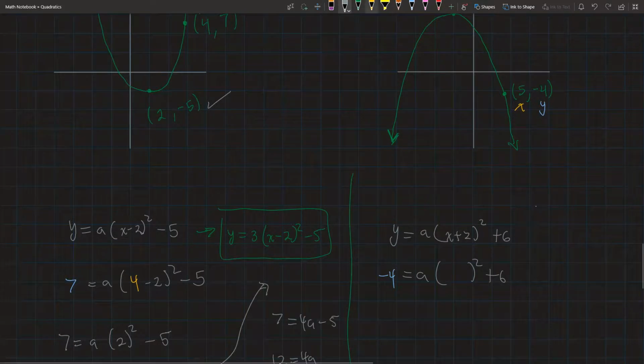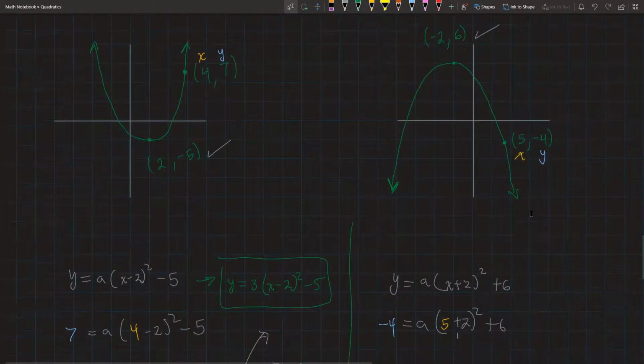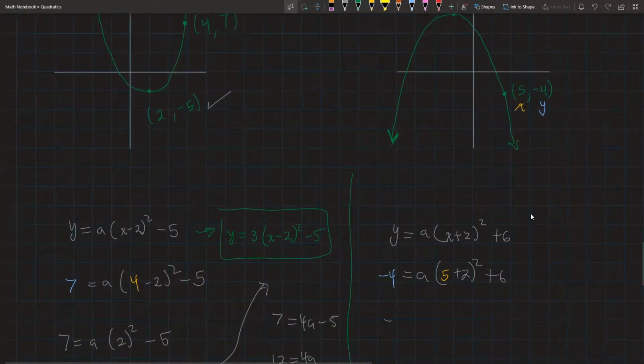And remember that the x value now was, be careful, not 0. Now it's 5 plus 2. All right, this simplifies to negative 4 equals a times 7 squared plus 6.